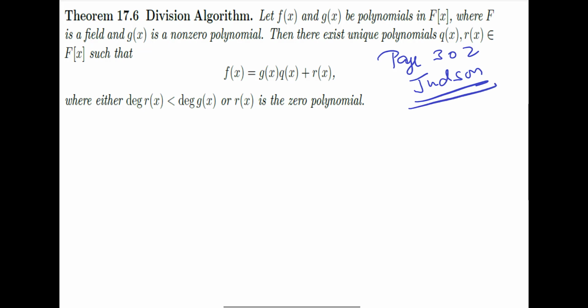If I have f(x) and g(x), two polynomials where g(x) is non-zero, then we will get a unique quotient q(x) and a unique remainder r(x). They are related in terms of degrees: the degree of the remainder will be less than the degree of the divisor. As an example, let's take up.